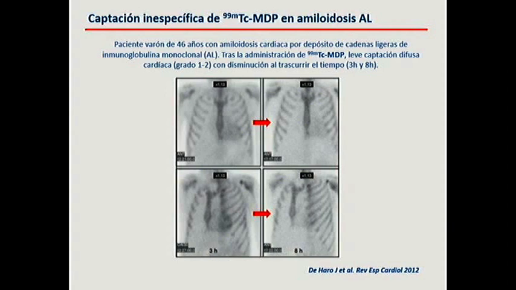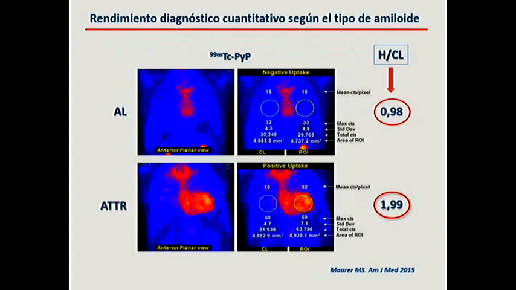Because if we wait 3 and 8 hours post-injection, you see that there is some uptake at the myocardial area after 3 hours, but in a later image that uptake is erased. This means that it's non-specific and does not correspond to amyloidosis because uptake in amyloidosis is maintained. There is no washing.